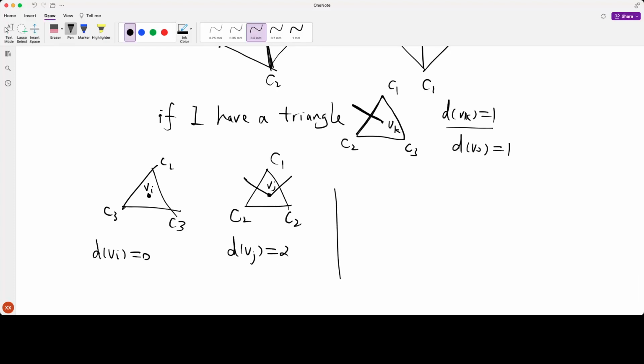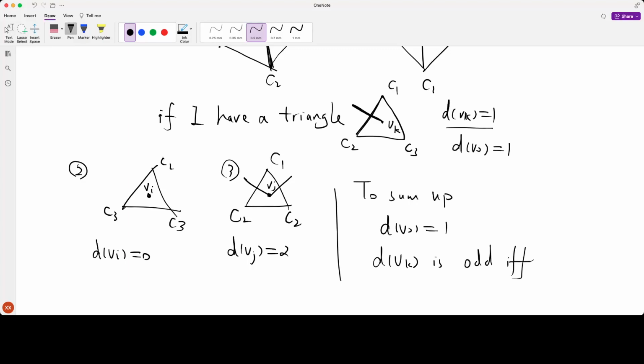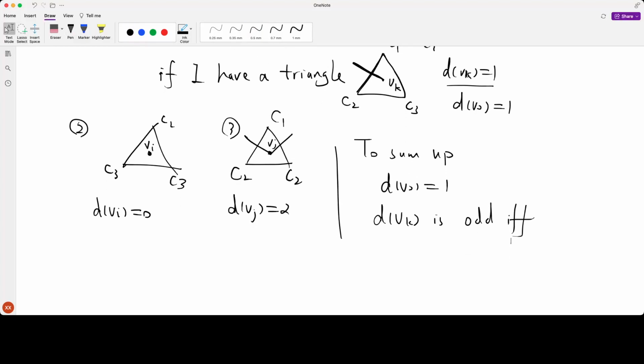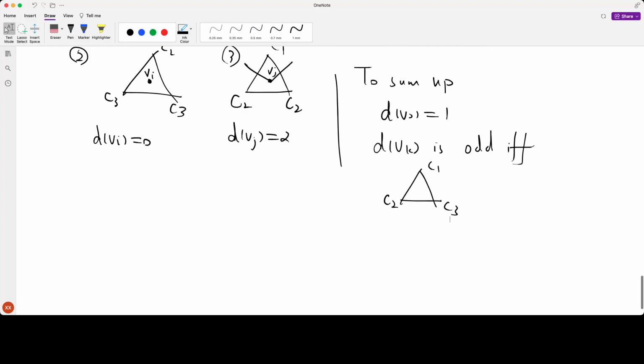So to sum up, something similar is happening. I think this is similar to and simpler than the previous problem. d(V0) is 1. And if I see picture 2 or 3, so let's say d(Vk) is odd if and only if this small triangle used three different colors.